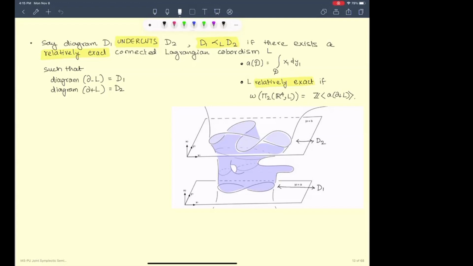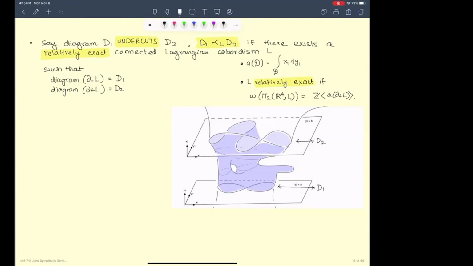The area of a diagram is that integral, small a, and a Lagrangian cobordism is relatively exact if the image of the symplectic form on the relative pi2 is always a multiple of that area. It's sort of technical. If you don't see it, it's fine.